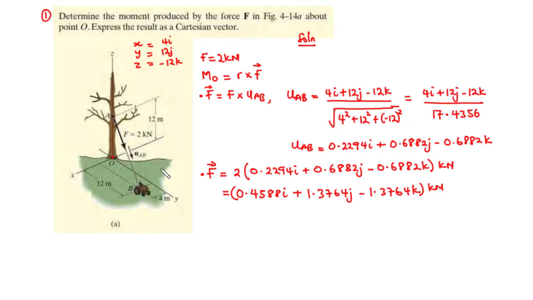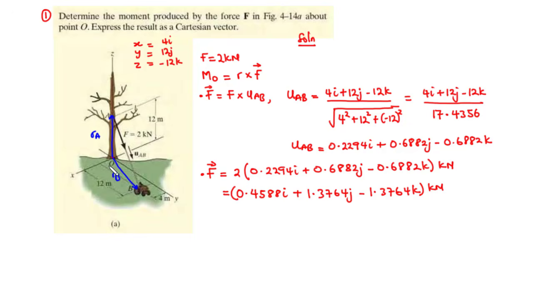In this question, we can specify two position vectors: one from O to A, that is RA, and secondly a position vector from O to B, and that is called RB.